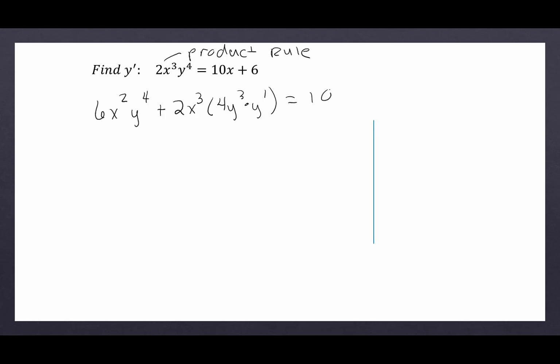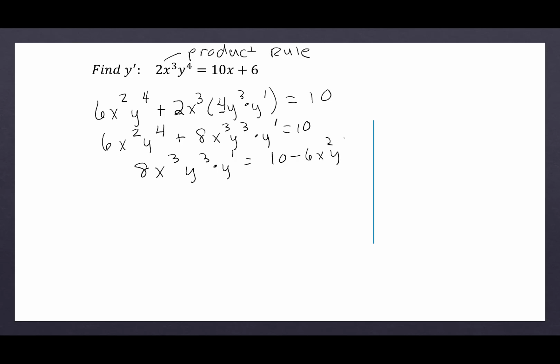10x is simply 10. Before I start moving things around, I see this 2 and this 4 can be multiplied together, so I have 6x squared y to the fourth, plus 2 times 4 is 8x cubed y cubed times y prime is 10. I'm going to move the 6x squared y to the fourth first. I have 8x cubed y cubed times y prime equals 10 minus 6x squared y to the fourth.